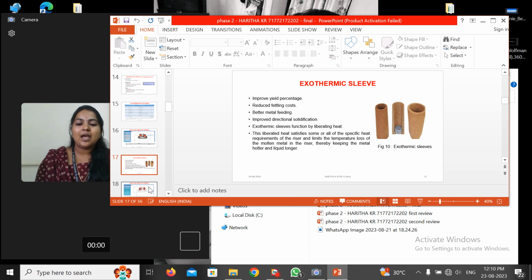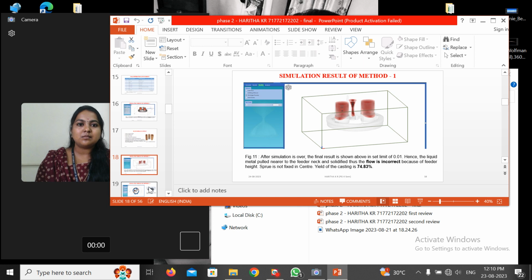Potassium nitrate will be added, or some alumina and magnesia. These are the binding techniques used for the exothermic sleeve, and it also acts as a refractory lining because it should not melt or turn to ash before the liquid metal, at temperatures around 1400 degrees Celsius.